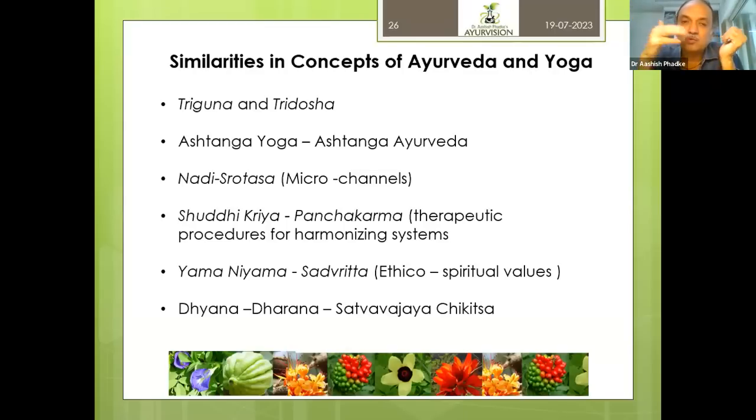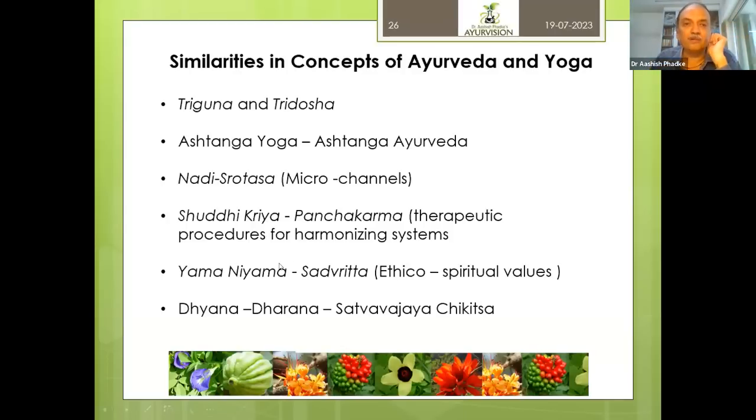And after doing Jalaneti for the initial few days, then I give Nasya. And I have found that then the dosage of that Nasya medicament gets reduced drastically, and it shows much better results.